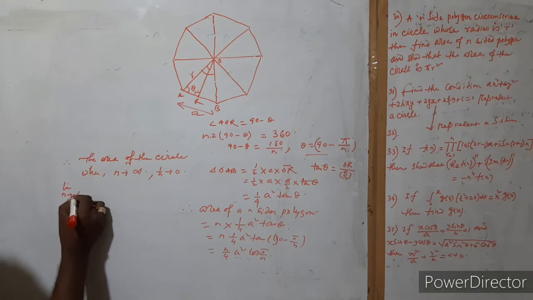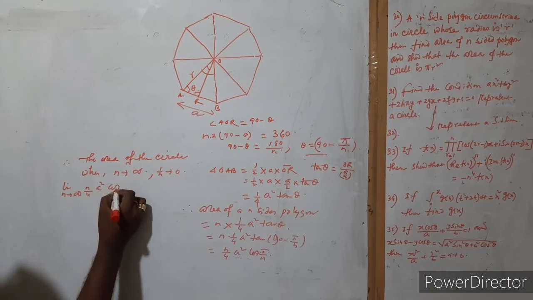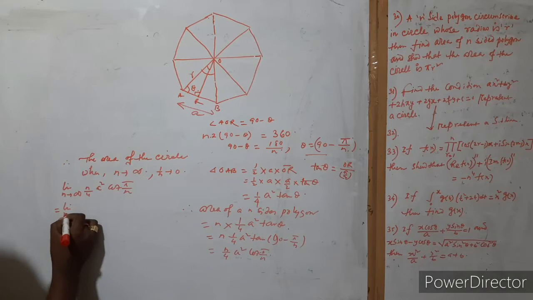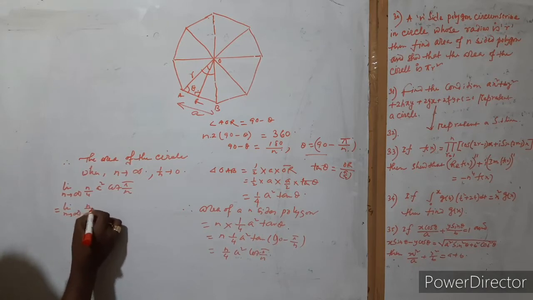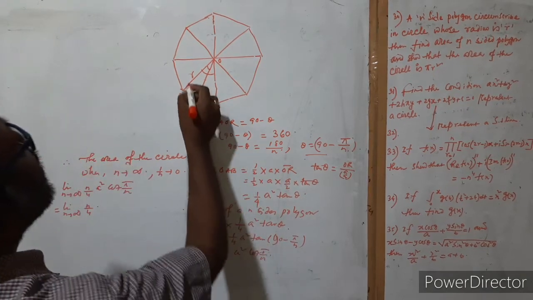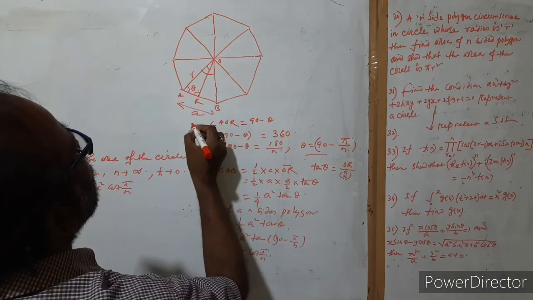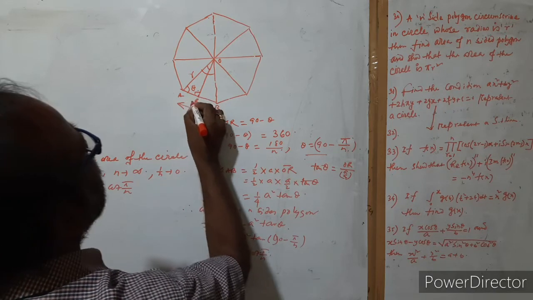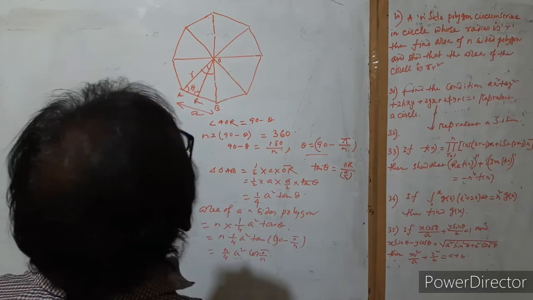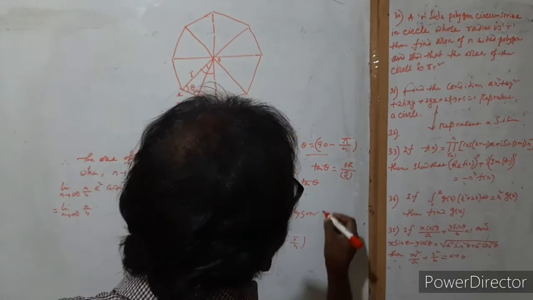So that is limit n tends to infinity of n by 4 A square cot pi by n. Here A is related to R: we have to find A by R, base by hypotenuse, that is cos theta.